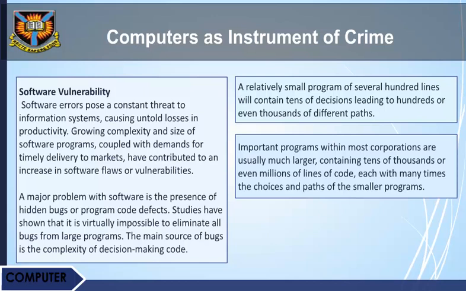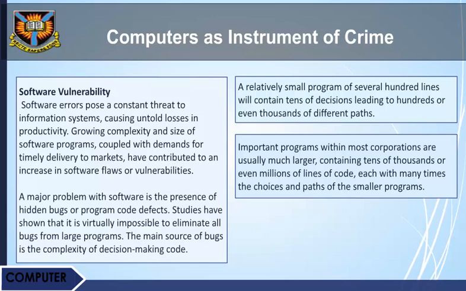Growing complexity and size of software programs, coupled with demands for timely delivery to markets, have contributed to an increase in software flaws or vulnerabilities. A major problem with software is the presence of hidden bugs or program code defects.